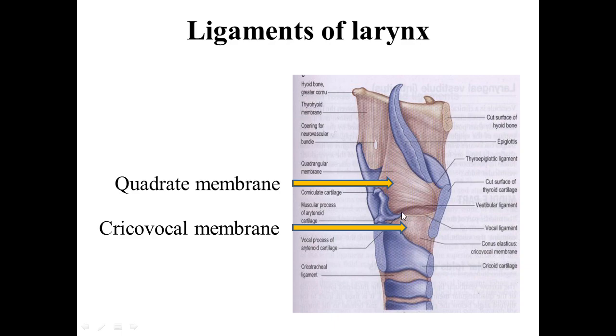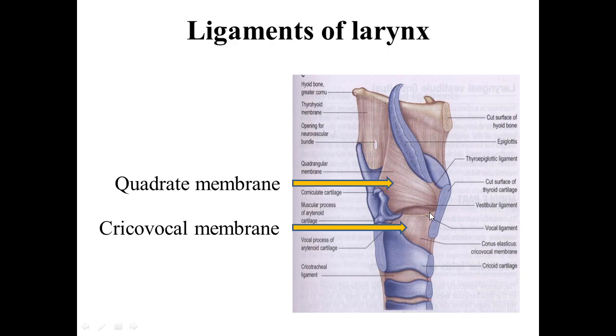Now this vocal ligament extends from the thyroid angle to the vocal process of the arytenoid cartilage, similar to the vestibular ligament, which also extends from the thyroid angle to the vocal process of the arytenoid cartilage.